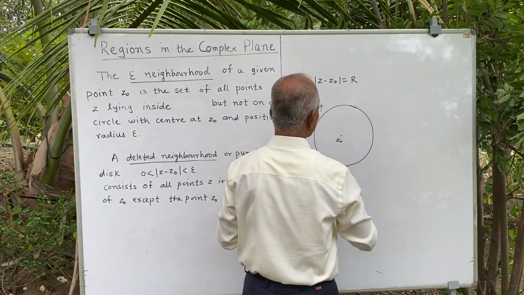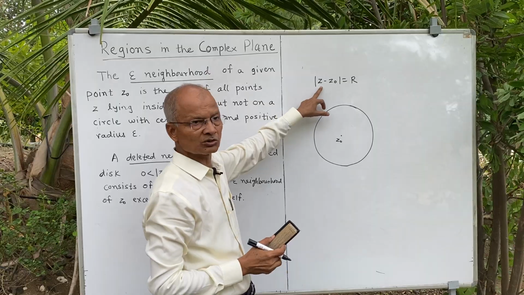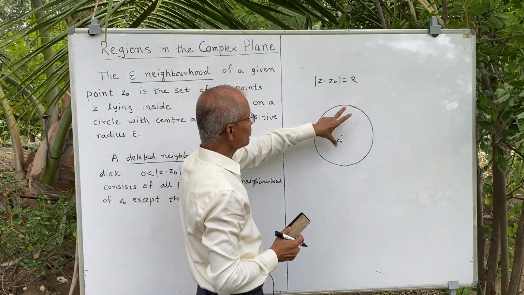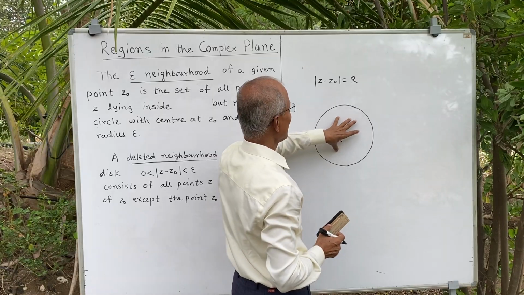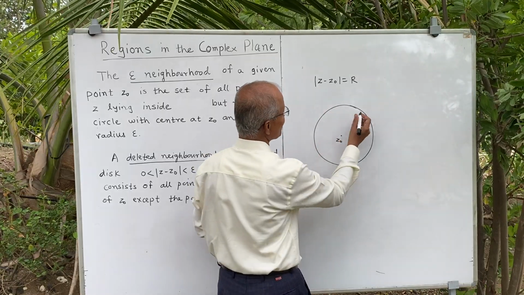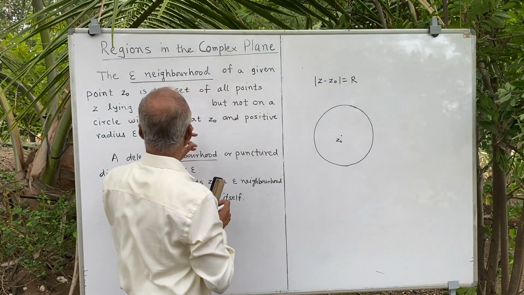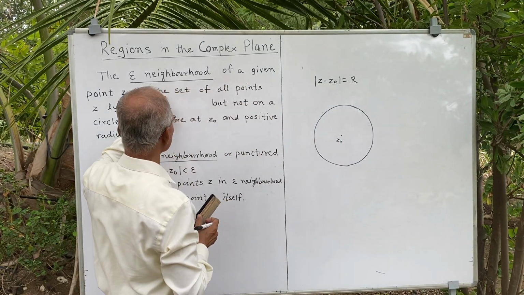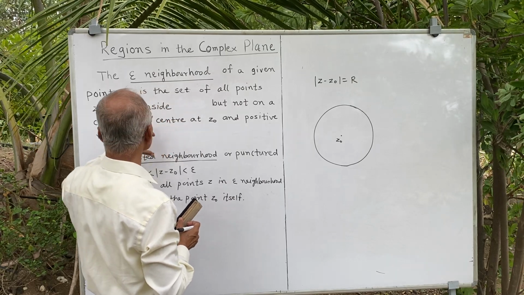This equation represents those complex numbers z which are exactly on the circle and not inside the circle. That means the distance of z from z naught is r. But epsilon neighbourhood is the set of all points lying inside but not on the circle.